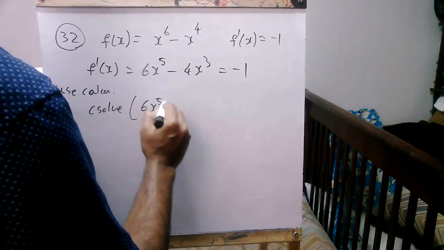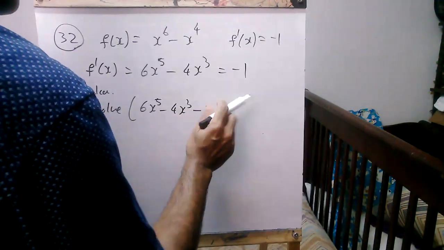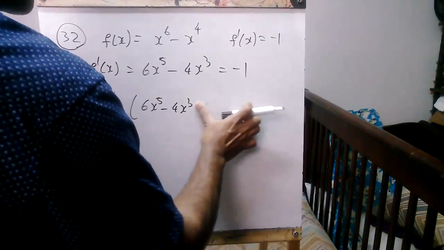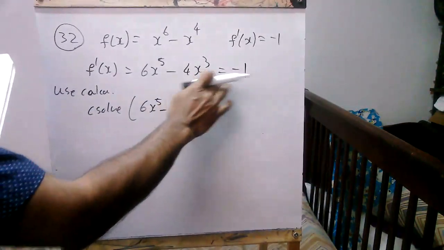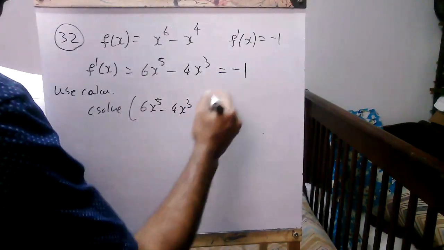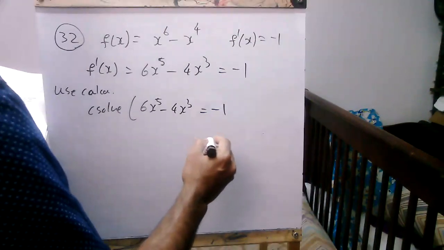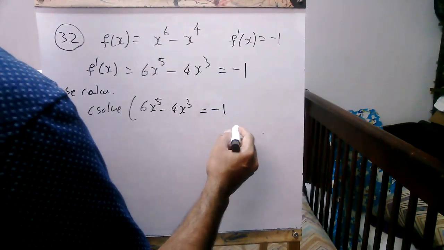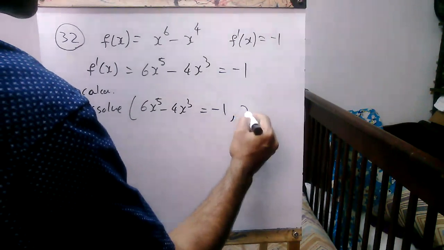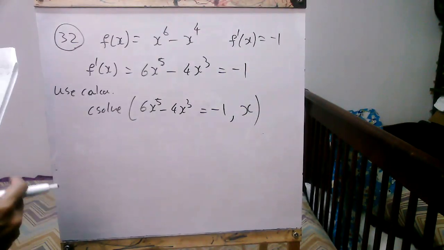6x to the 5 minus 4x cubed. You may move it to this side and set it to 0, but you don't have to do it. You can enter the equation as it is, equal to negative 1. Solve for x comma x. This is exactly what you type on the calculator.